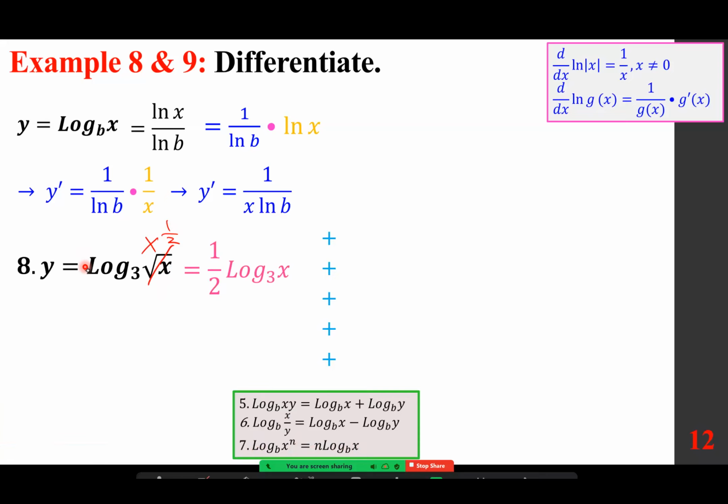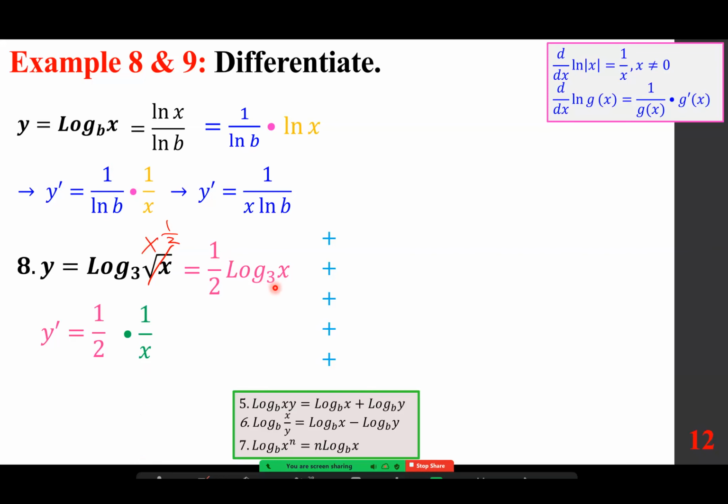Remember, anytime you're dealing with logs, you want to decompose them first. So I want to differentiate this. The 1/2 is going to remain. Then whatever the argument is, I'm going to flip it over. So the argument is x. I'm going to get 1 over x. Then I notice the base is not e.